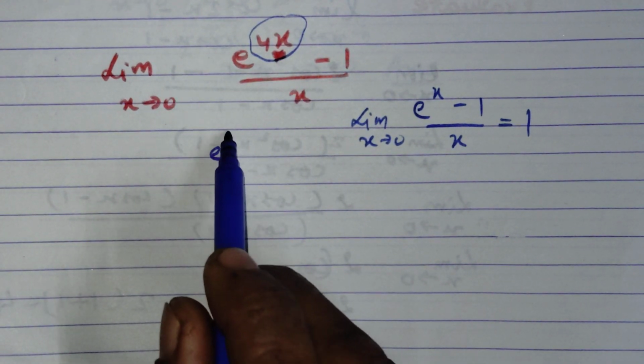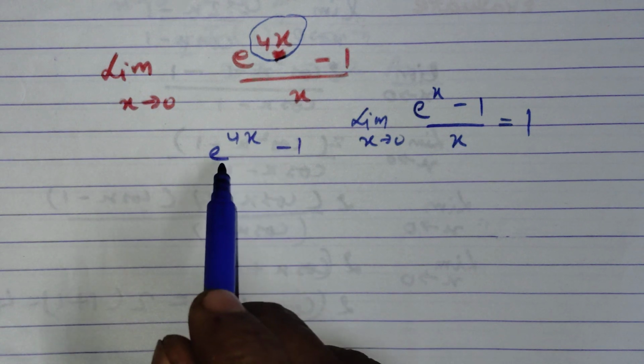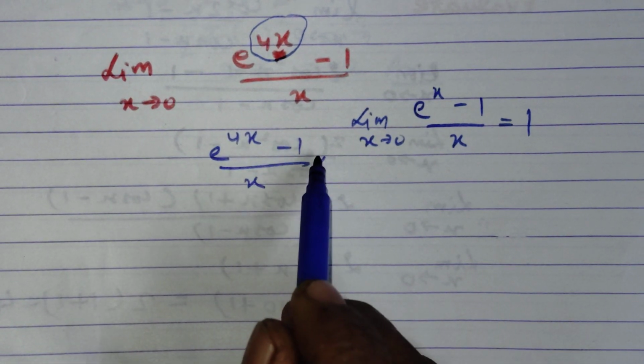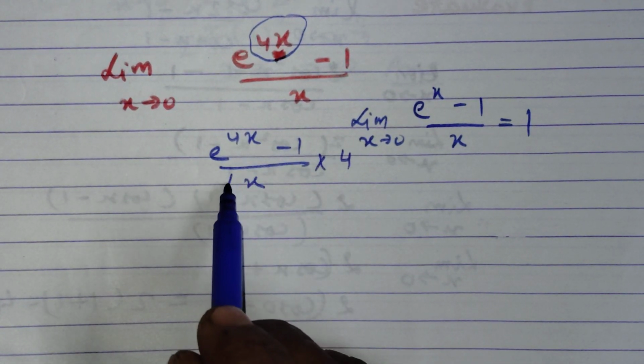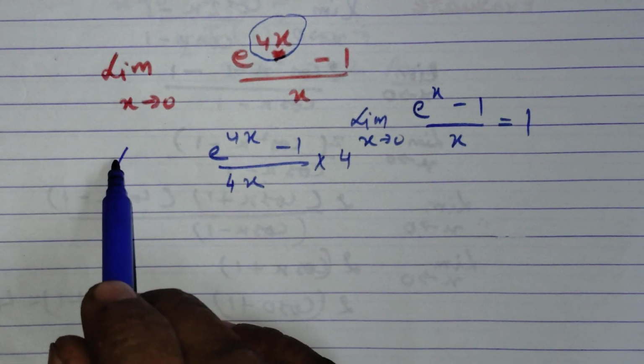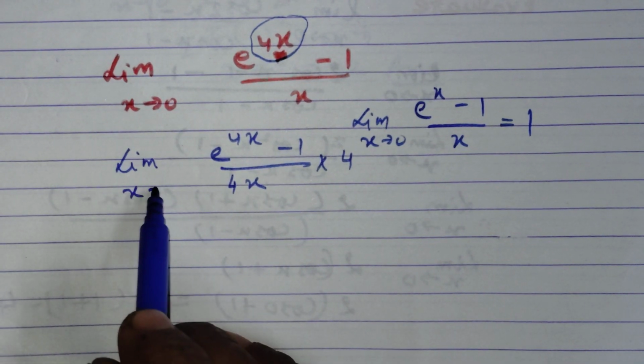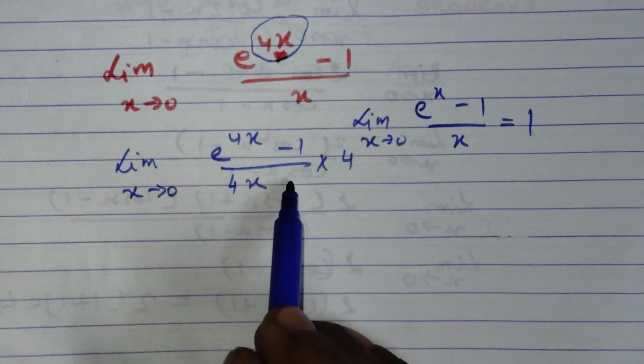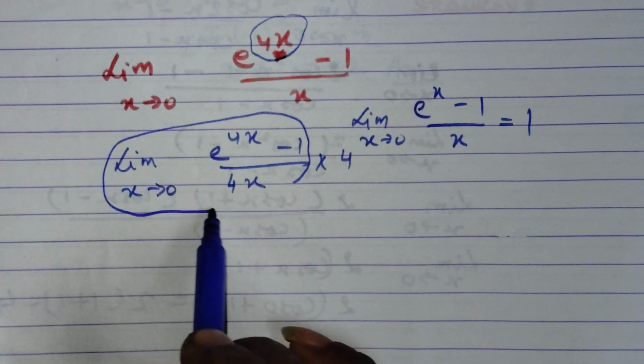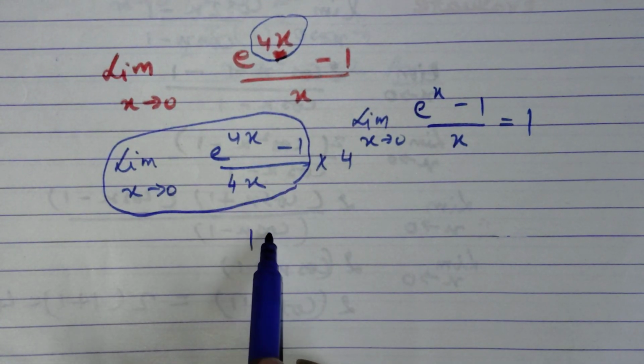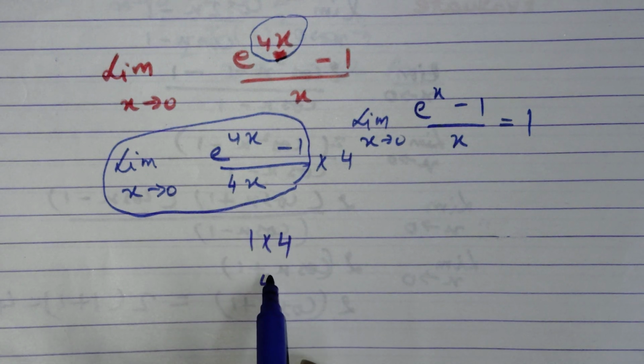So how do we make it 4? We make it 4 by multiplying by 4 and dividing by 4, and limit x tends to 0 as it is, we write. So it becomes 1, its value becomes 1. So 1 into 4, it gives us 4 as the answer.